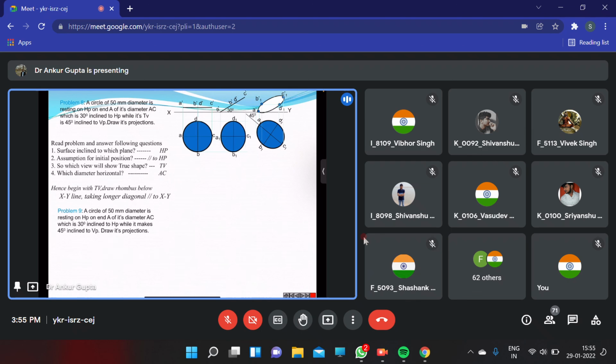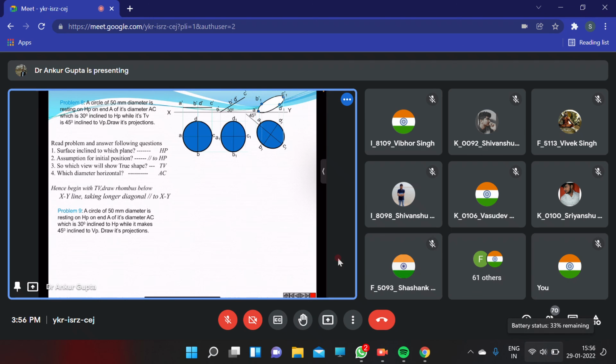तो हमने क्या किया था? देखो, फिर से पढ़ो प्रॉब्लम, पहला प्रॉब्लम नंबर 8, read it again. Its diameter AC, which is 30 degree inclined to HP, while its top view is 45 degree inclined to VP. तो टॉप व्यू का पूरा इंक्लाइंड था ना वहां पे, the whole of top view was inclined. अब यहाँ नेक्स्ट क्वेश्चन में क्या है?